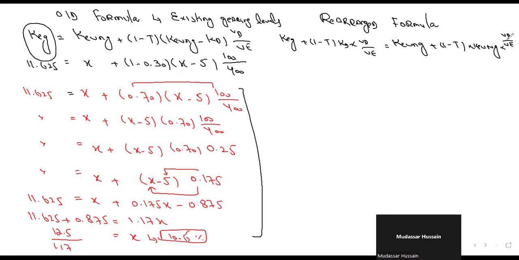Now see guys, how the things will be easy. The cost of equity geared, we have already found, 11.625. 1 minus 0.30.